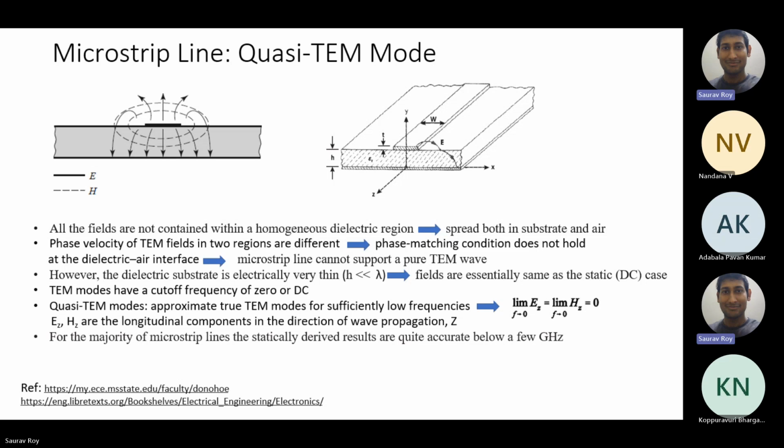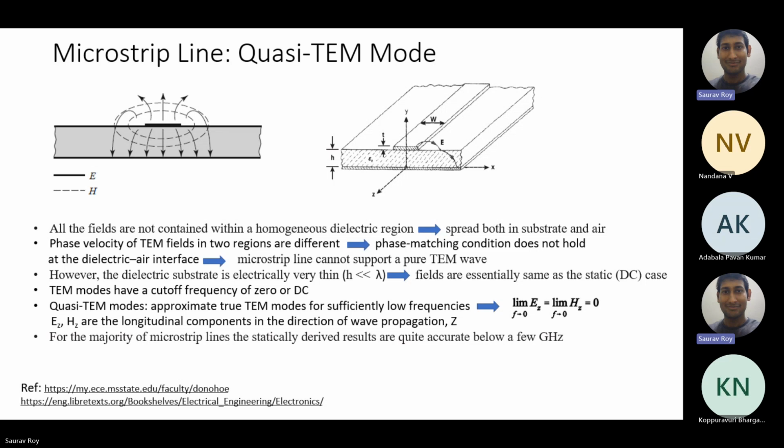Now let's come back to our microstrip line, where we have an interface or boundary between two mediums. That's why it all comes into the picture. If you just consider a simple TEM field, then in the boundary the phase velocity should be different between two mediums.